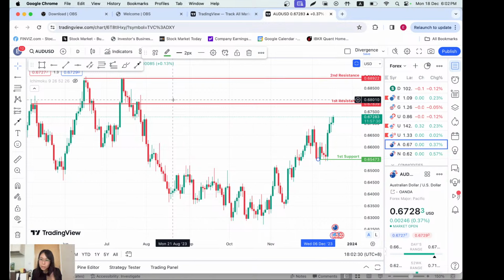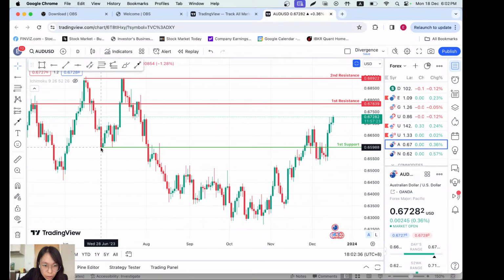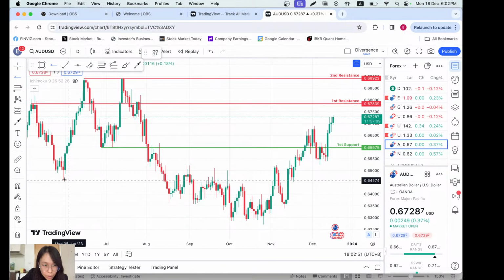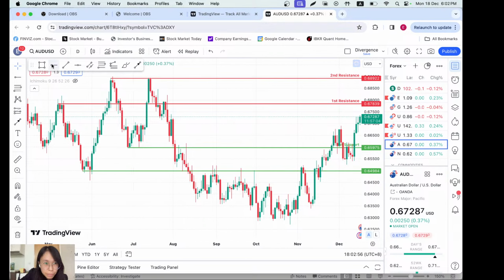This is my first support level, and we could also use this actually. Let's see, it's cutting through some of the wicks, but it seems like quite a good support. Next up, I'll use this for my second support.